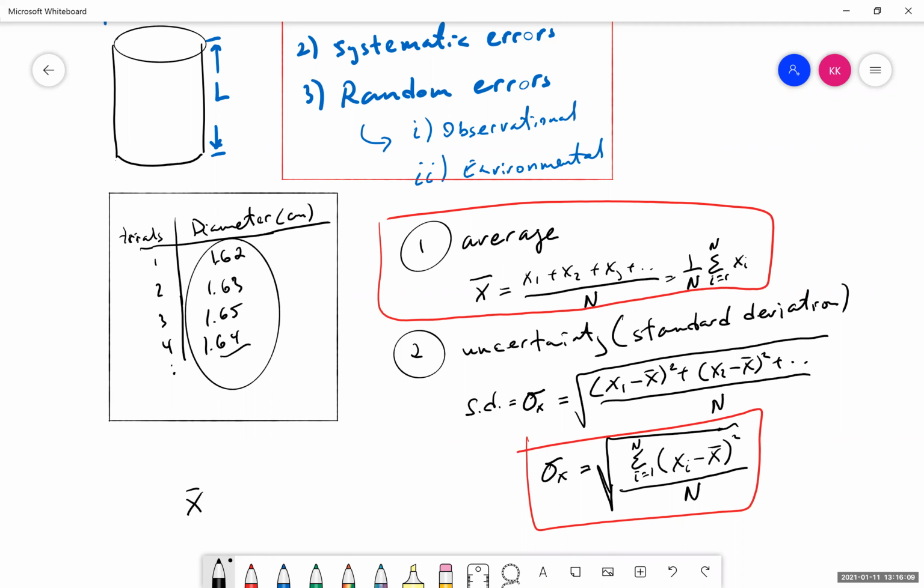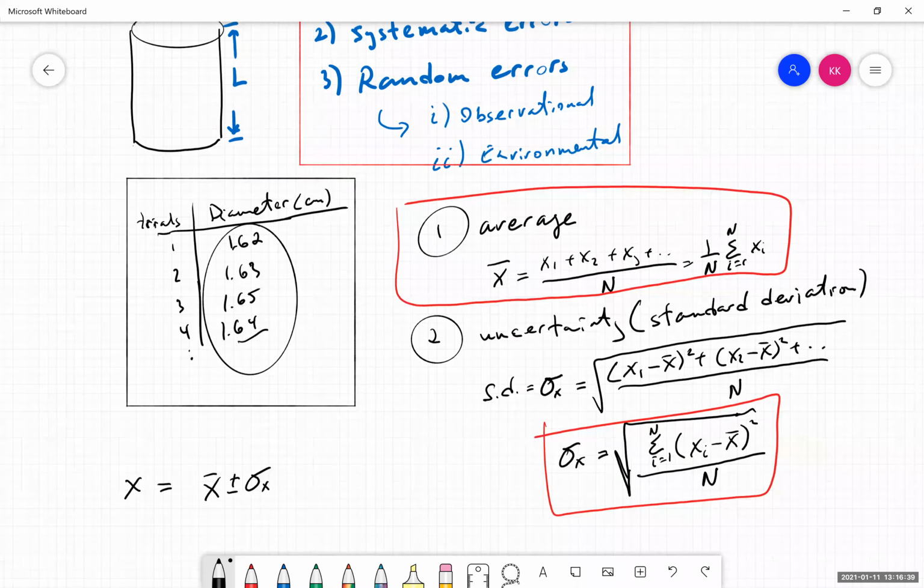But because of the many types of errors in the experiment, this number is not precise. Because of all the errors involved, this number can be as high as this number plus its uncertainty, or as low as this number minus its uncertainty. So this quantity x can be represented like this: x bar plus or minus sigma x.